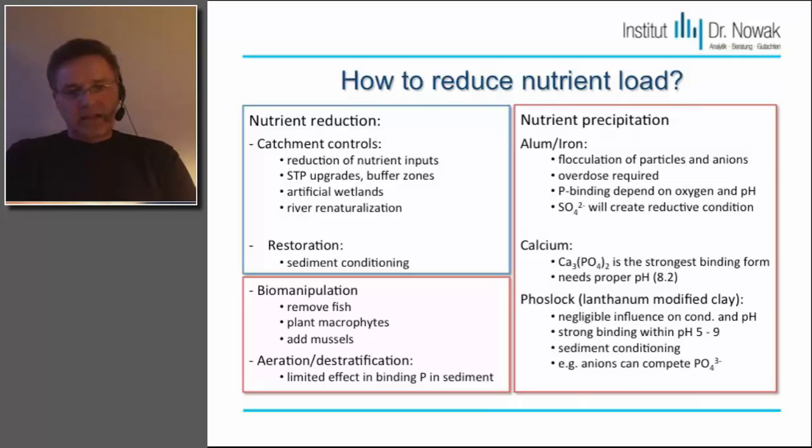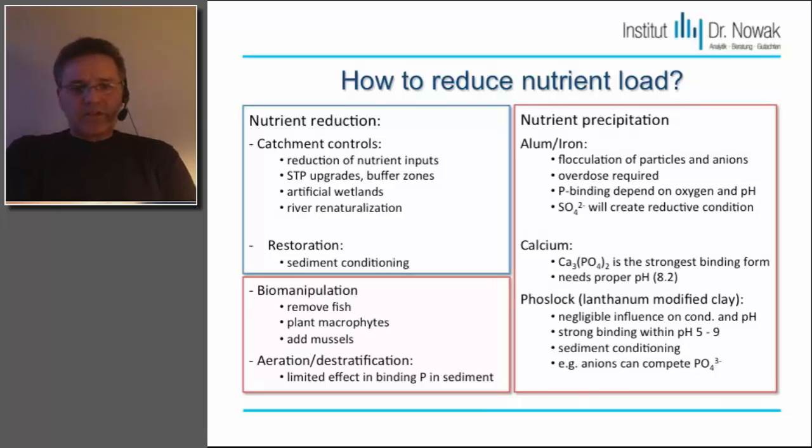Sulfide is a very strong binder with iron and will block the iron, so the iron can't bind phosphate anymore. We can use calcium. Calcium is a strong phosphate binder, but for an application, it's very tricky. You need very proper conditions, maybe a pH of 8.2.